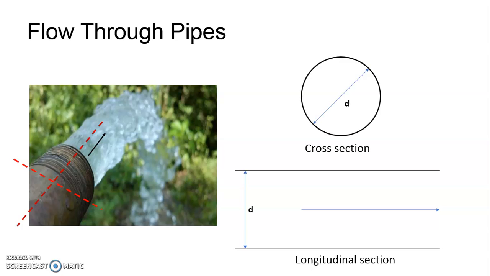The longitudinal section will tell you the way in which the water is moving, or rather, it tells you something related to the velocity. Now, we just go into some depth regarding the longitudinal section of flow through pipes.